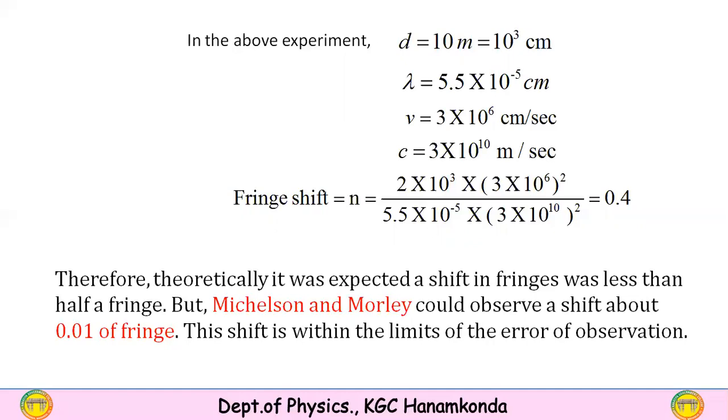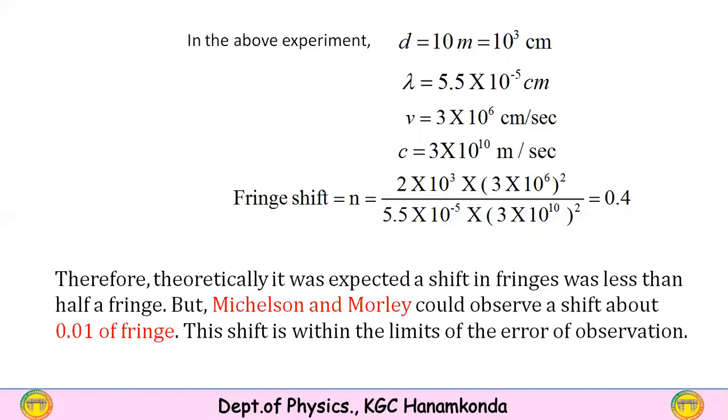0.4. But this value which we have calculated is the theoretical value. By observation, Michelson and Morley could observe a fringe shift of only about 0.01, which is a much smaller value. This shift is within the limits of error of observation, so it is considered that there is no fringe shift at all.